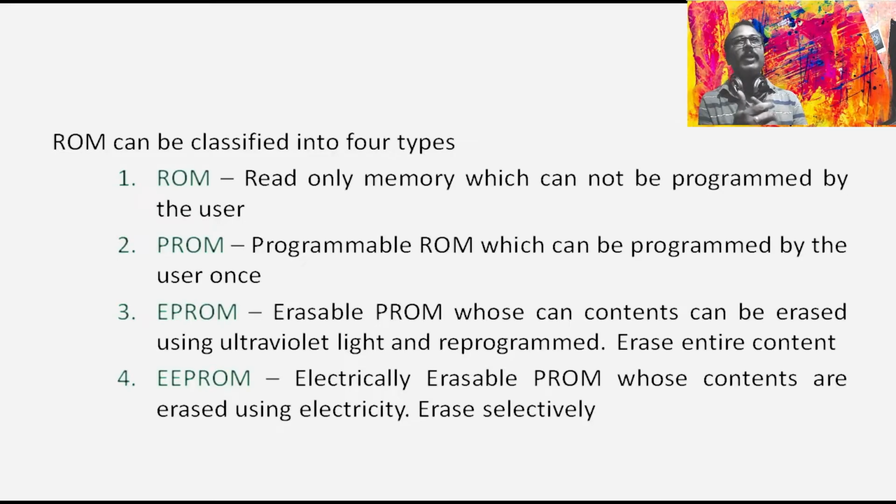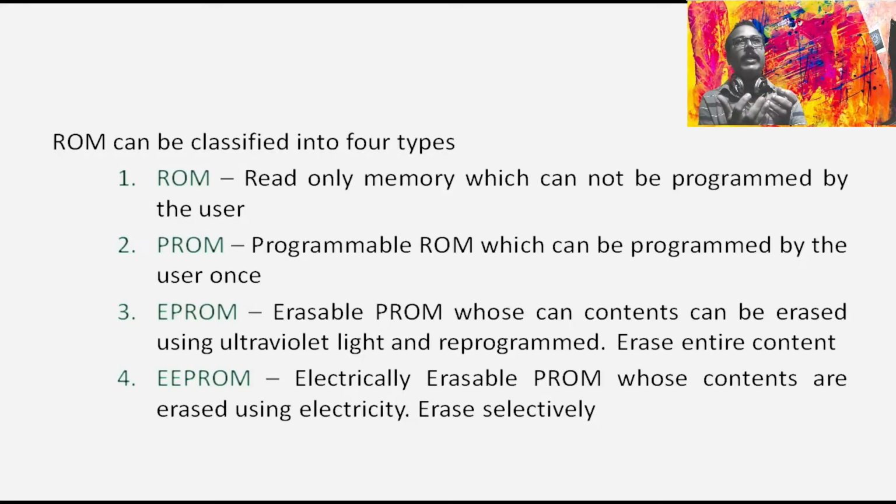So programmable read-only memory can be programmed once, and erasable programmable ROM, whose entire content can be erased, usually using ultraviolet light. Using ultraviolet light, its contents can be erased, and new content can be written.